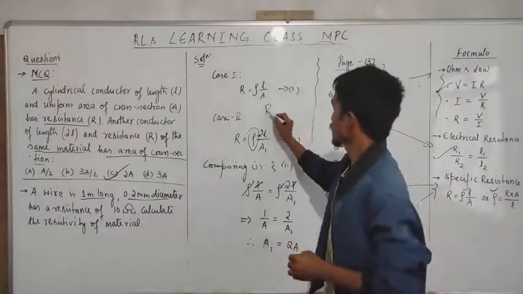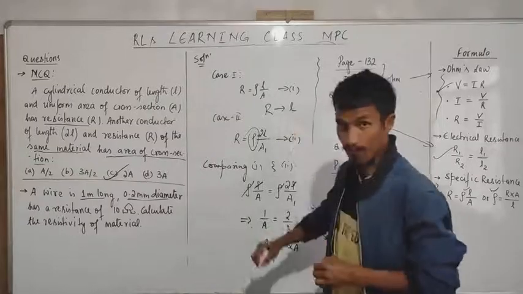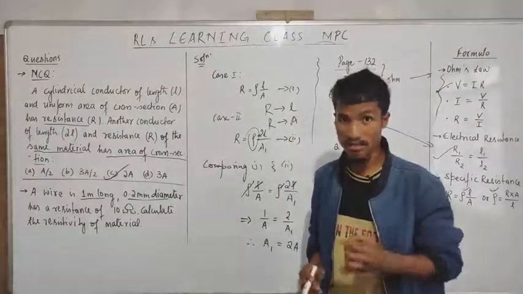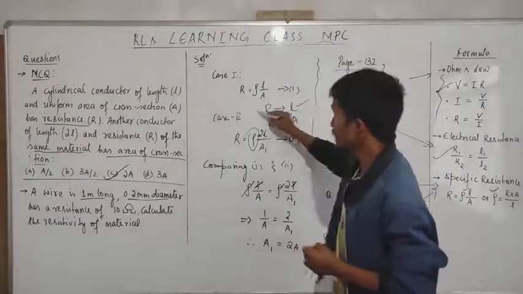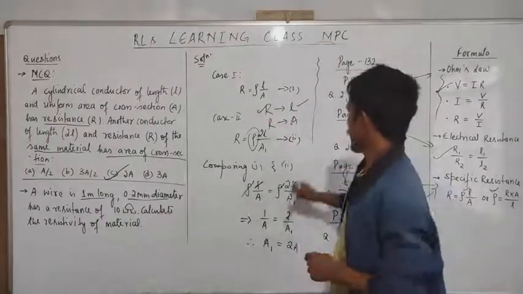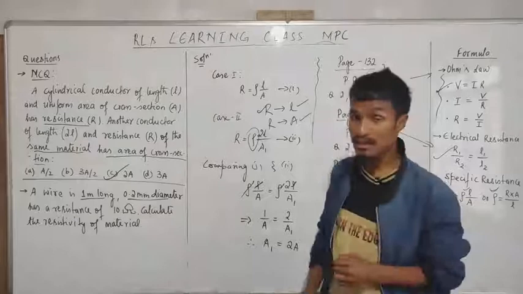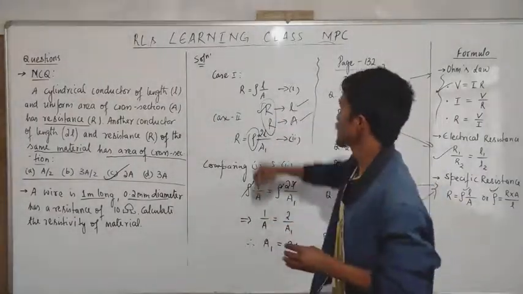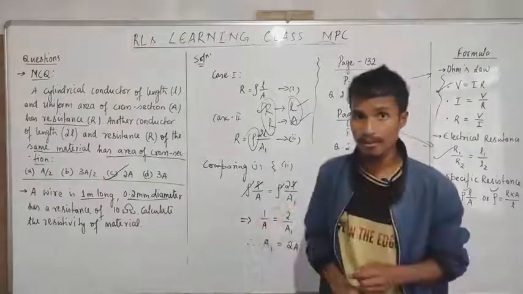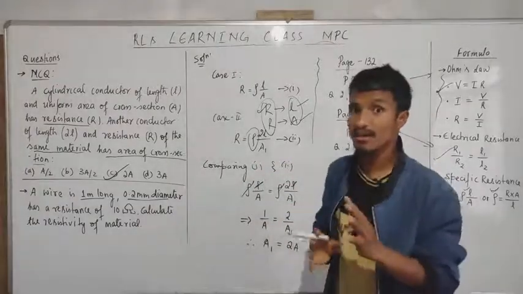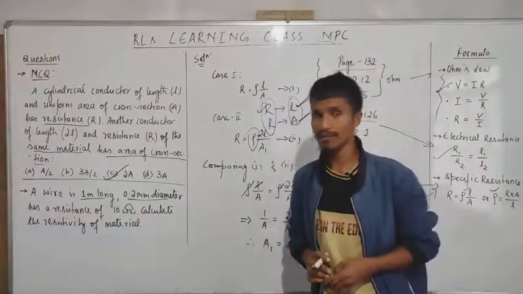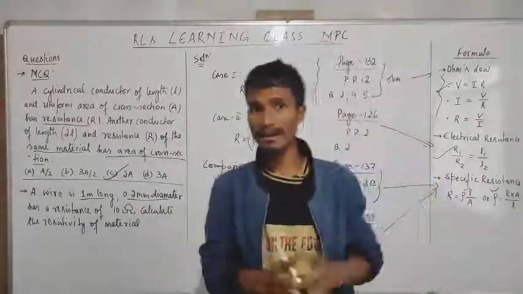Resistance depends on the length of the conductor and on the area of cross section of the conductor. If the length of the conductor is increased, then resistance also increases. If the size of the conductor is increased, then resistance decreases. This means resistance changes as these two change, but resistivity does not depend on the length or on the area of cross section. Do check the question and try it.